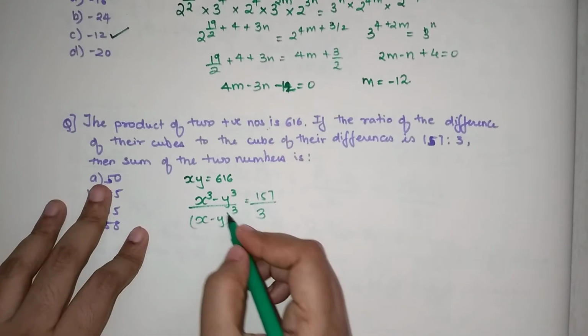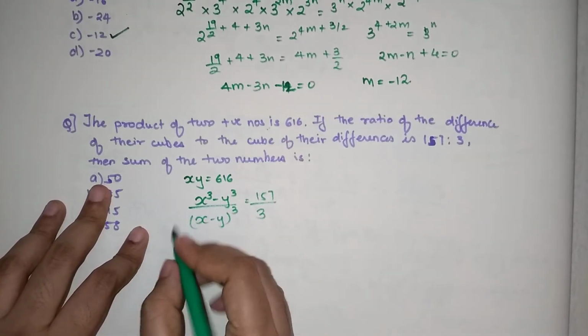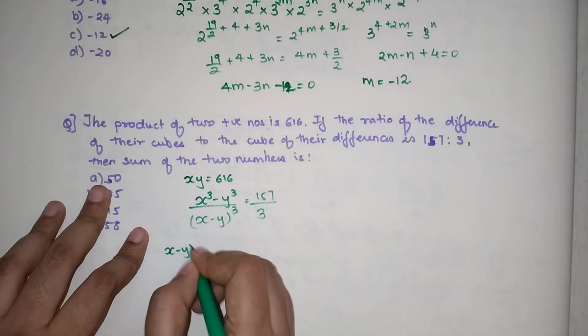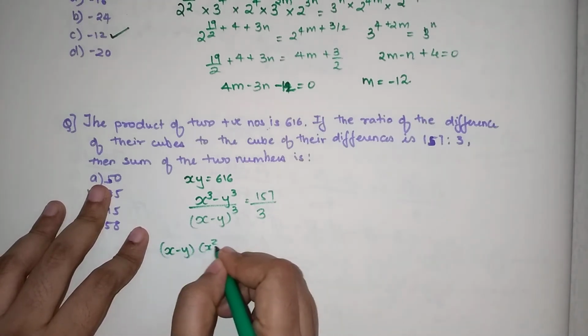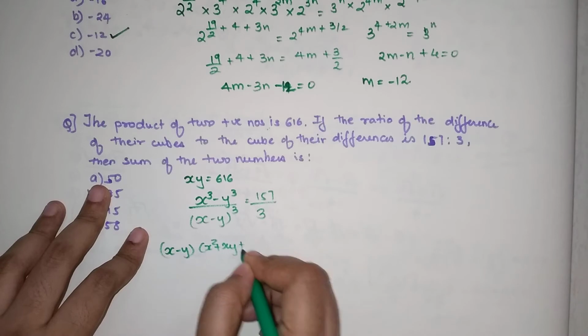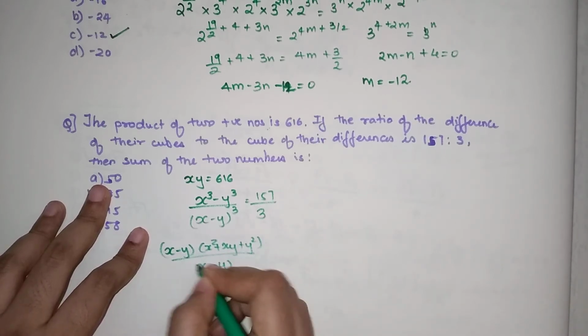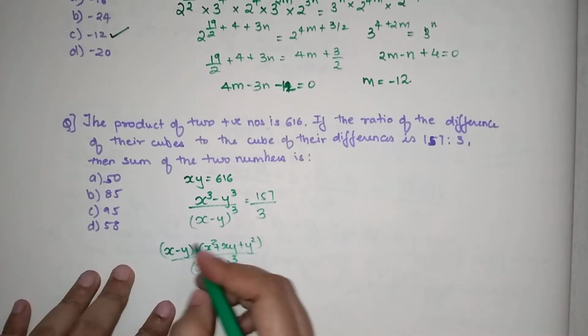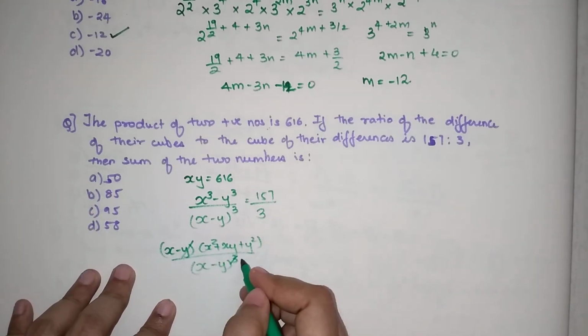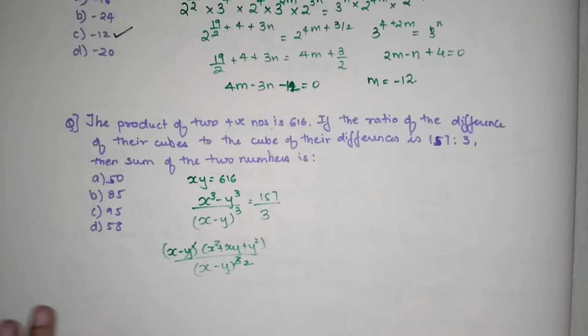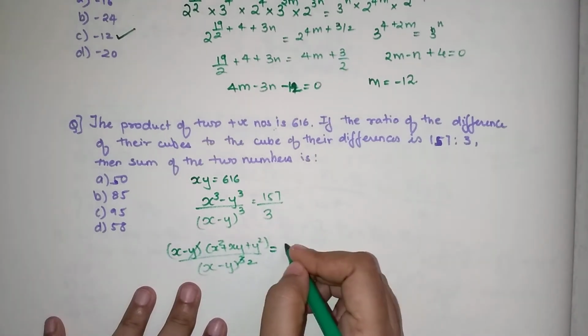Now students, we will expand this first. So we get x minus y, and here you're left with x square plus xy plus y square upon, we are going to leave this as it is. The reason for that is because one of these will get cancelled and you will be left with x minus y the whole square in the denominator.